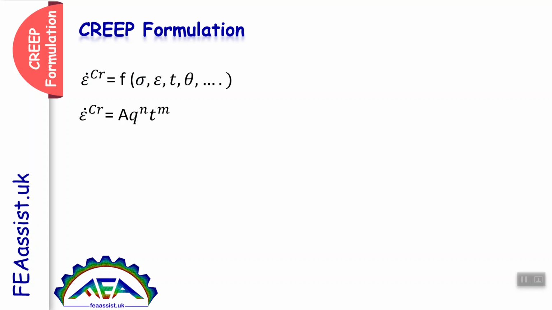Other form of creep function is power law function, in which the creep strain rate is a function of creep strain and deviatoric stress. Some of the parameters are here. By entering these parameters into the Abaqus, you can again predict the behavior.